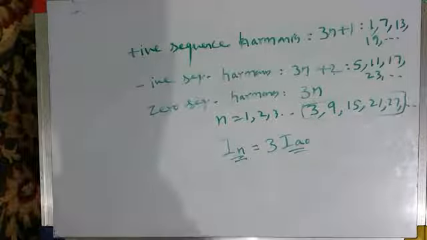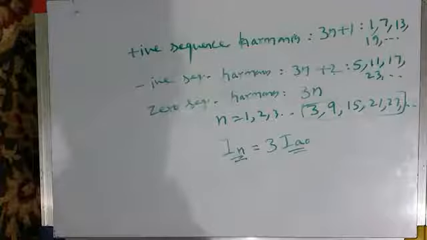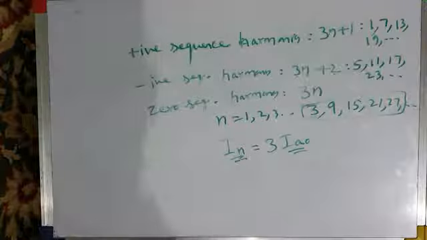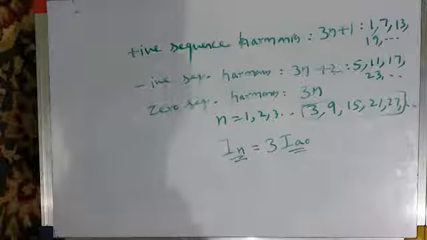Your three-phase four-wire system feeds three-phase nonlinear loads, or maybe three-phase linear loads also, and single-phase linear loads and single-phase nonlinear loads. And it is not the three-phase nonlinear loads which cause triplen harmonics. It is the single-phase nonlinear loads which cause the flow of triplen harmonics in the line currents, and these triplen harmonics add up and they flow in the neutral conductor also.